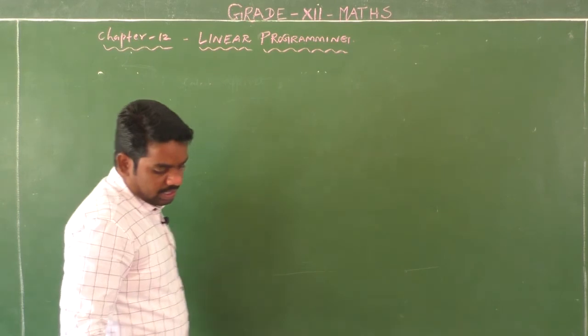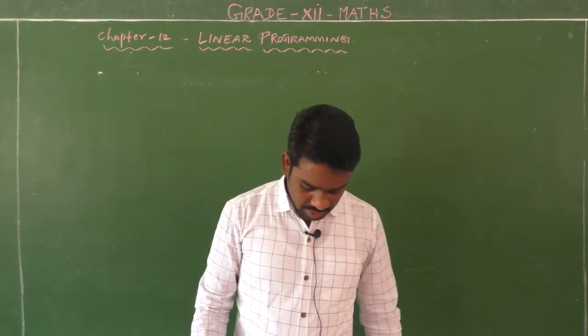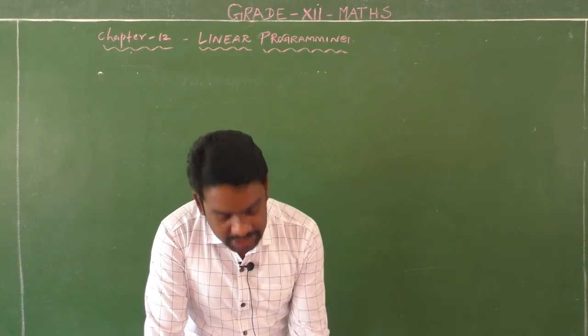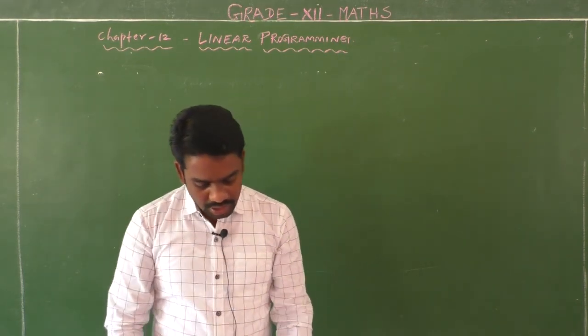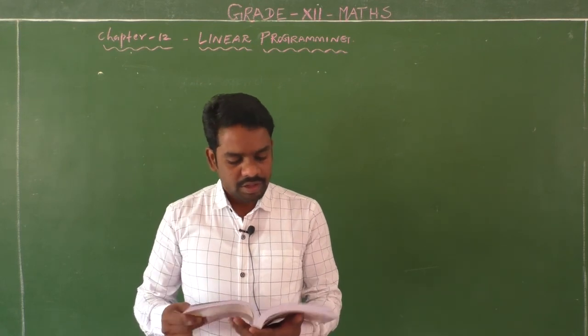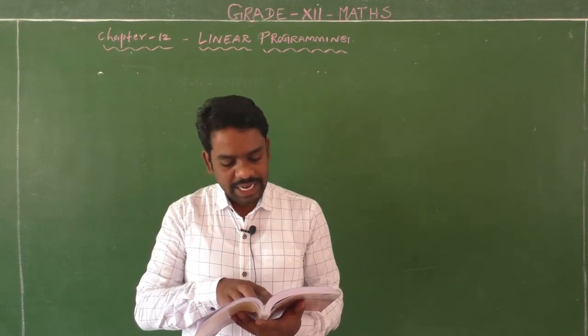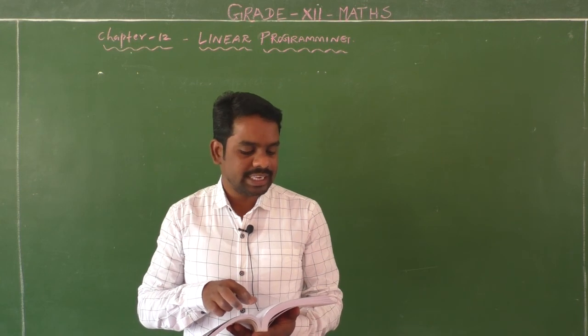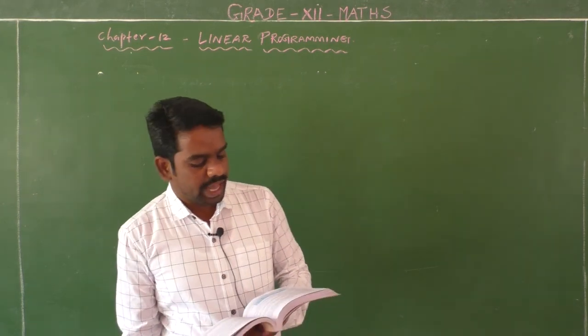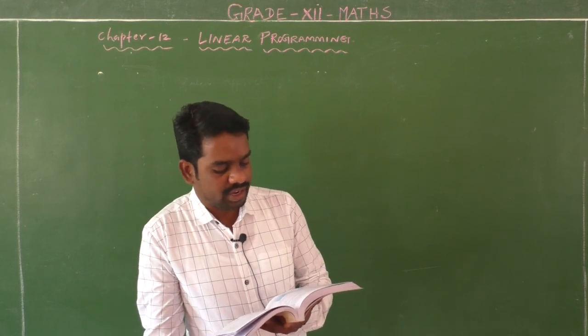Listen students, next theorem number 1, page number 508. Take the NCERT book, page number 508, theorem number 1. Let R be a feasible region for a linear programming problem, and let z equal to ax plus by be the objective function.